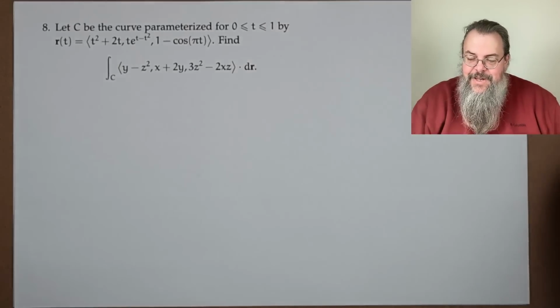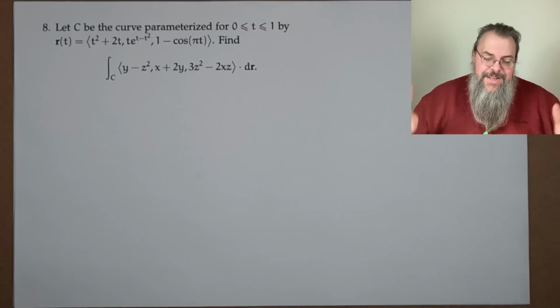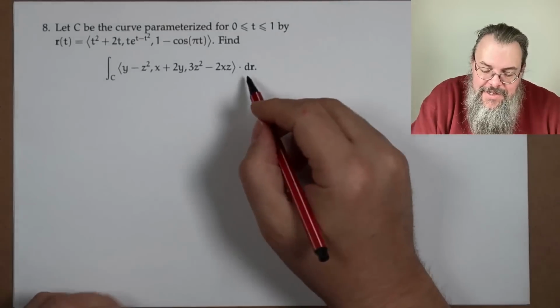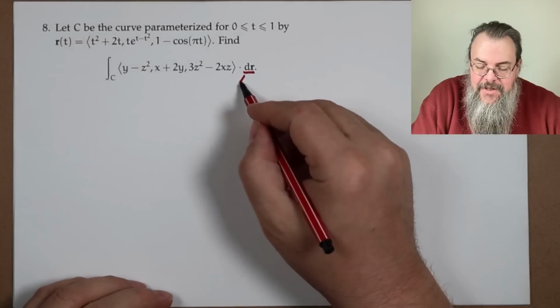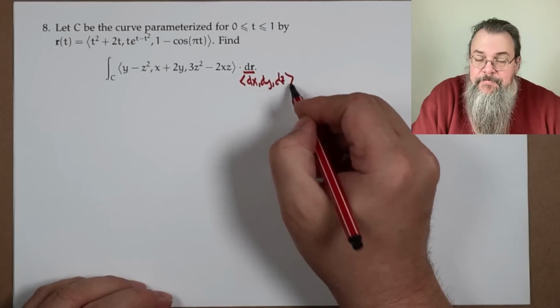All right. Now, this is one of the things where we have so many notations for the same thing that it gets really, really annoying. So this dot dr, you should really think of this as your dx, dy, dz.